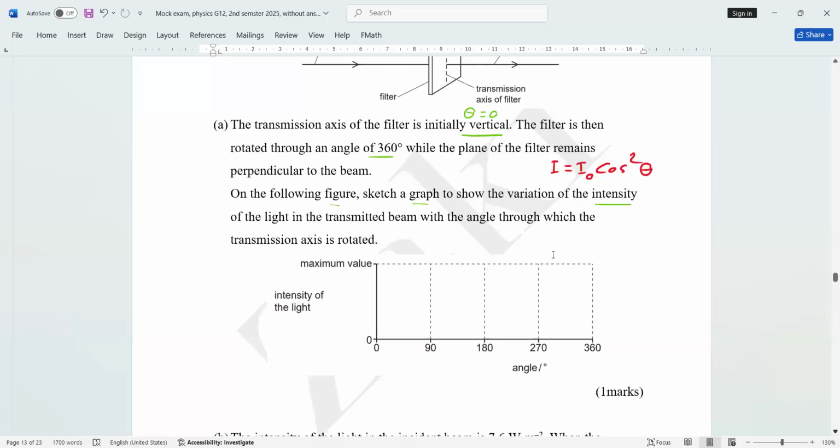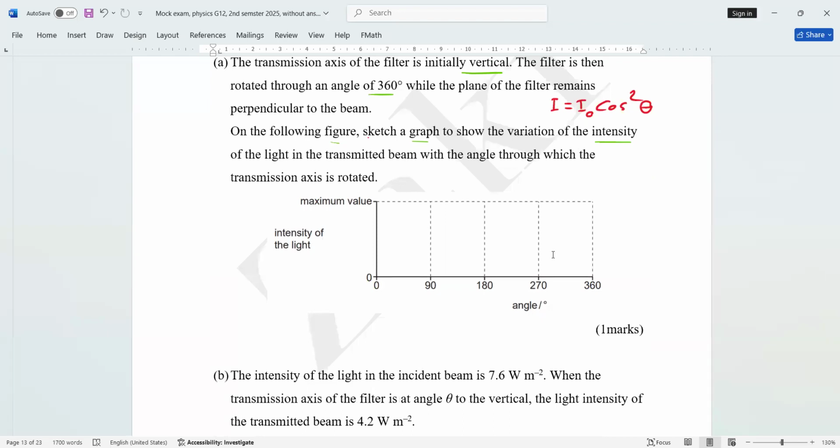On the following figure, sketch a graph to show the variation of intensity of the light in the transmitted beam with the angle through which the transmission axis is rotated. At 0, it is maximum. At 90, it is 0.